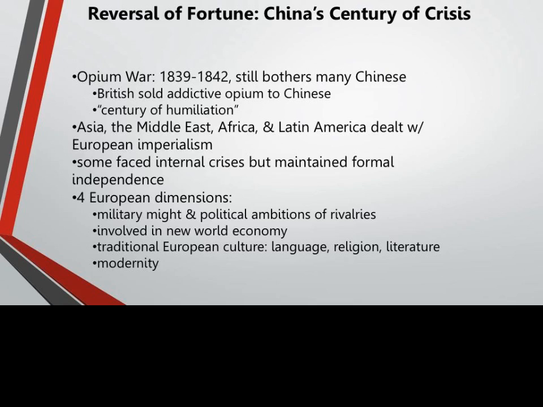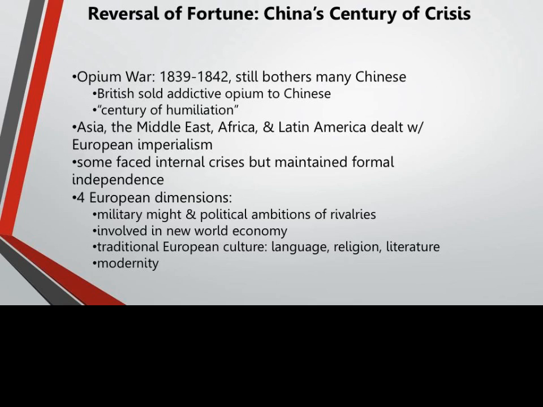Okay. The Opium War of 1839 to 1842 in China continues to resonate emotionally with many Chinese. Britain's violent intrusion and sale of addictive opium to the Chinese people still really affects them today.